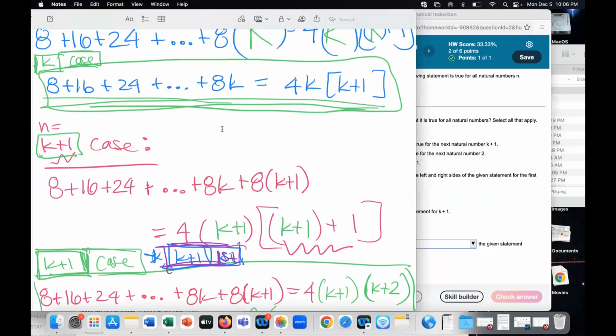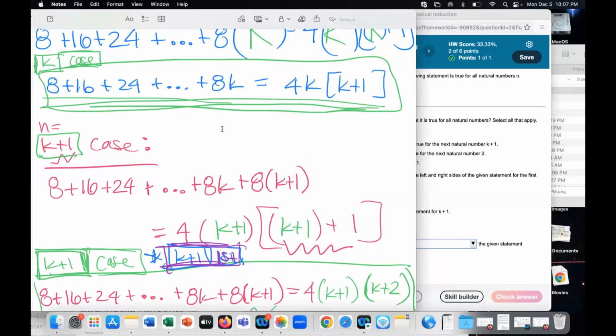So this is the first k plus 1, fill in the blank. Okay, that's actually just really messy in general. I think you get the idea. I won't belabor that too much further. But this will go in the first blank for the next part, okay?